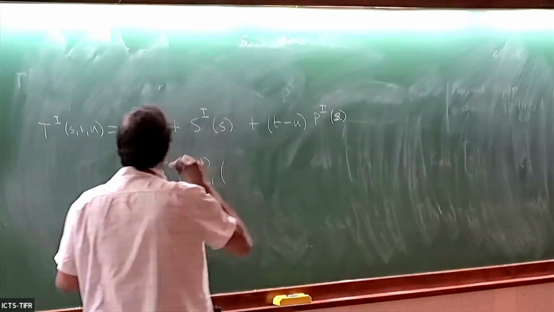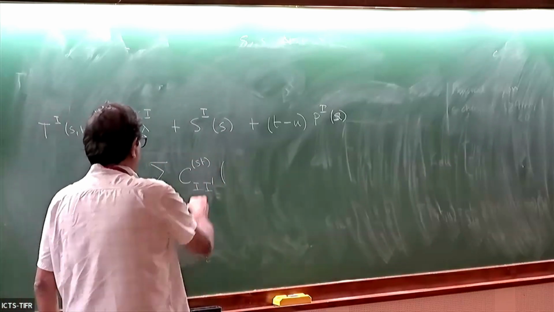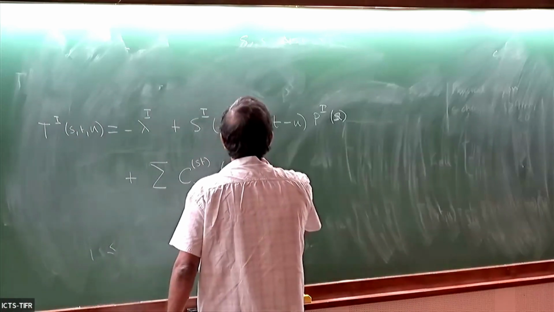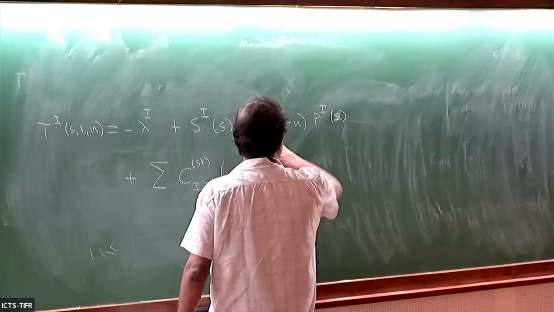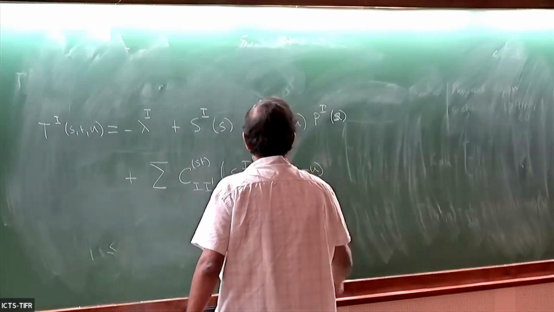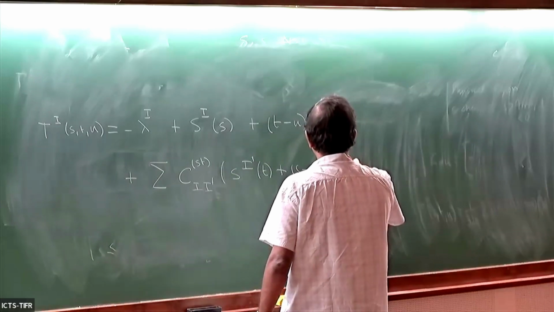But the analytic structure should remain the same in that channel. Now I have crossed the S and T channel, so I should have an S_I prime now of T. I've crossed S and T, so I should get S minus U, and I should get a P_I prime now of T.